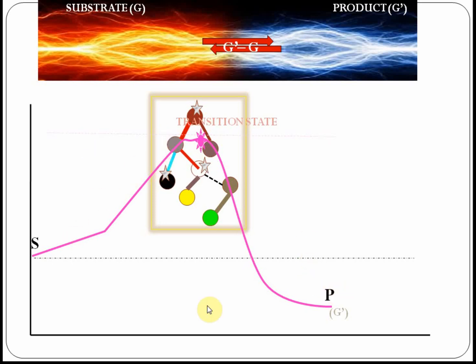And if we talk about the backward reaction, then this product has to achieve this much energy to raise itself to this point, so that it can easily participate in the reaction. And the energy difference of this transition state is actually the activation energy. Till now, there is no enzyme involved.